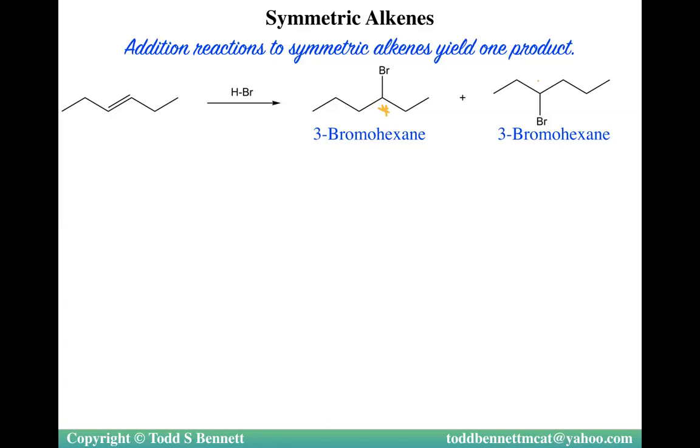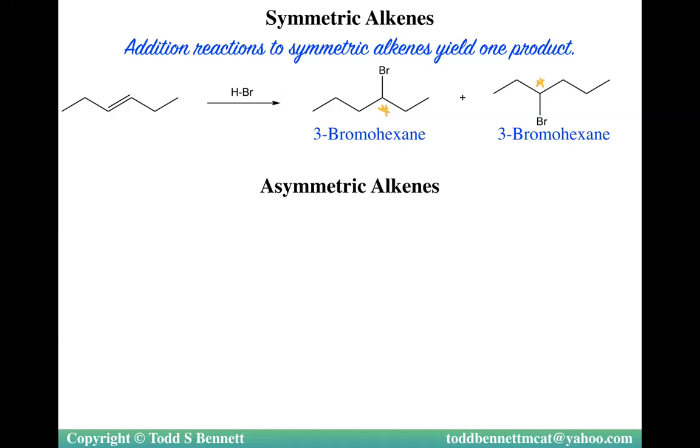Because this is sp2, the H goes on and doesn't make a chiral center. But the Br is going to go onto a carbocation, wherever the carbocation is. A carbocation is planar, so Br can attack from the bottom or the top, which means it can generate either the R or the S, depending on which way the Br goes. I'm ignoring that for now and just considering the regioselectivity. So in this case, we get the same compound, so it's kind of a moot point.